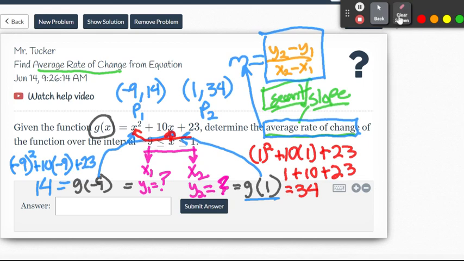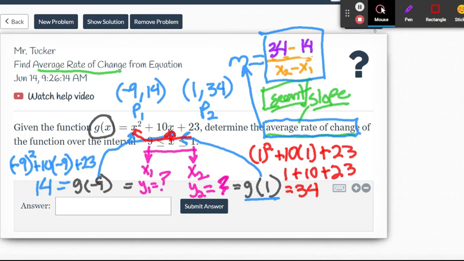So now I come over here and plug into my y2 a 34. And now I plug into my y1 a 14.